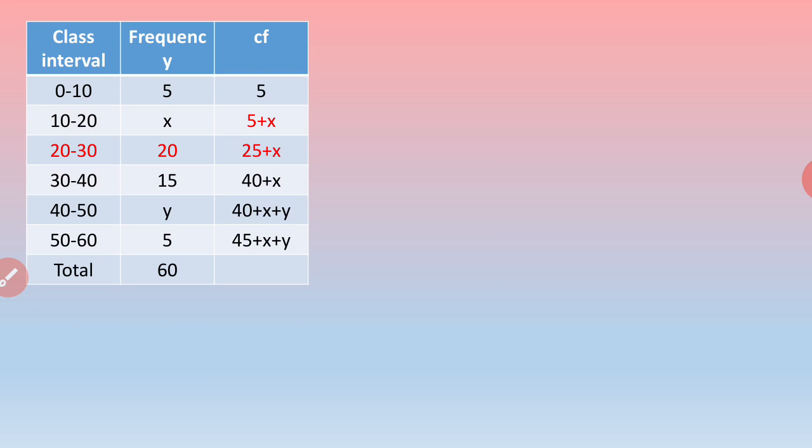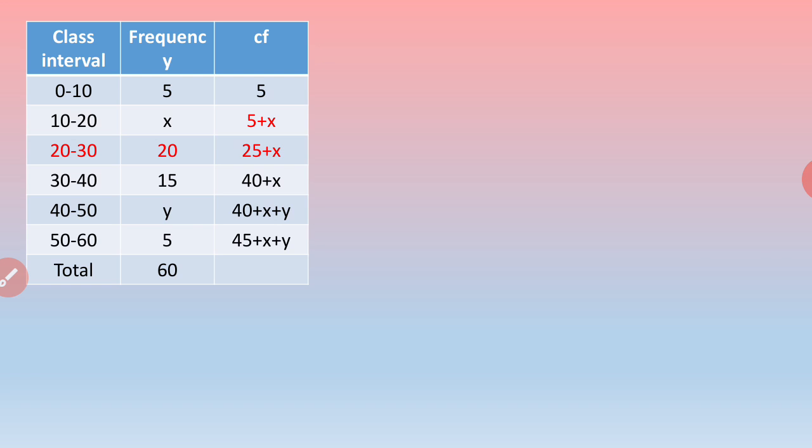Here we have jotted down the first and the second column as it is, and the third column is cumulative frequency of the lesser than type. So we started addition from the top. 5 is noted down as it is. Then 5 is added to x, that is 5 plus x, and so on. The addition yields finally 45 plus x plus y.